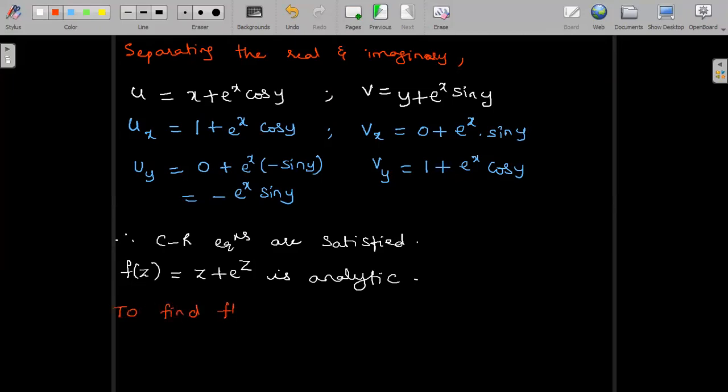To find f dash of z, derivative function, we have to consider the expression for f dash of z which is obtained in the derivation of CR equation, which we have already seen. So we need to consider the expression for f dash of z in the Cartesian representation.